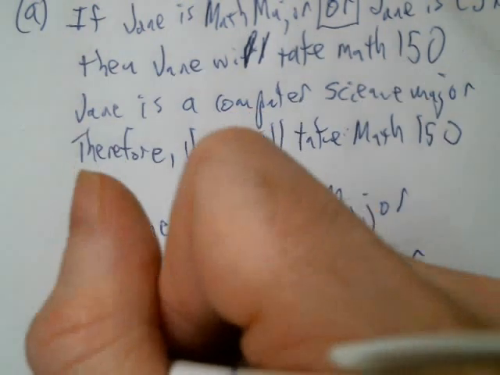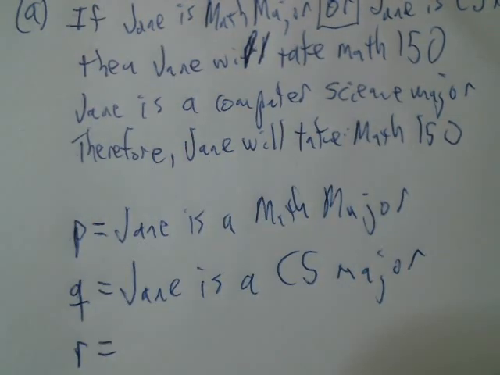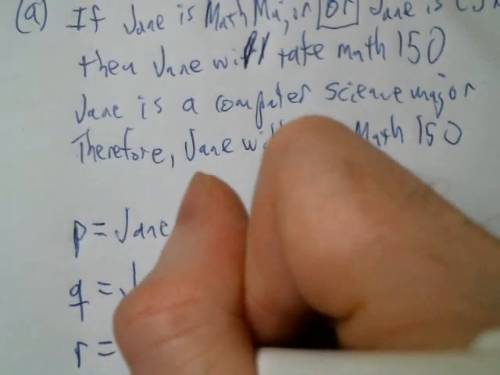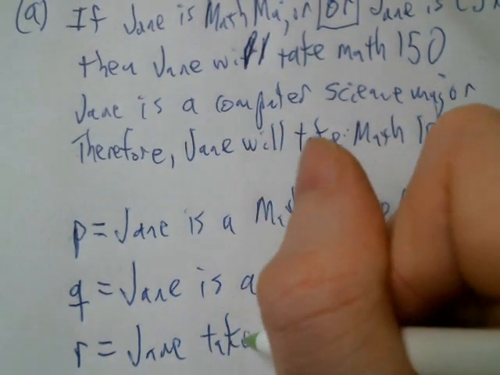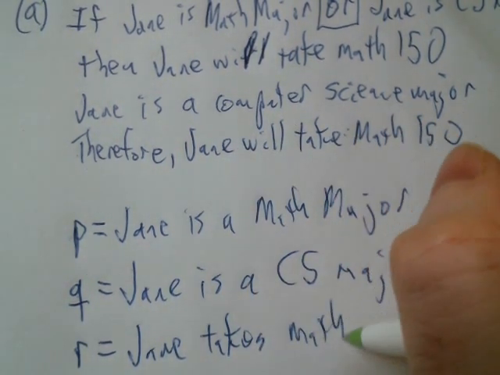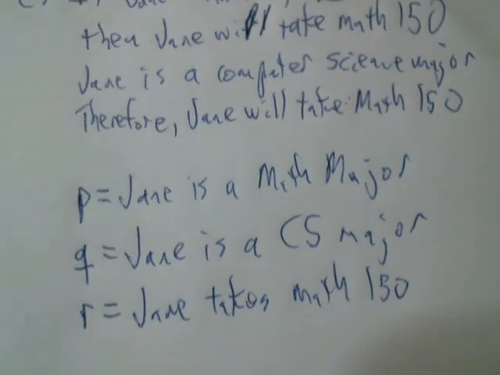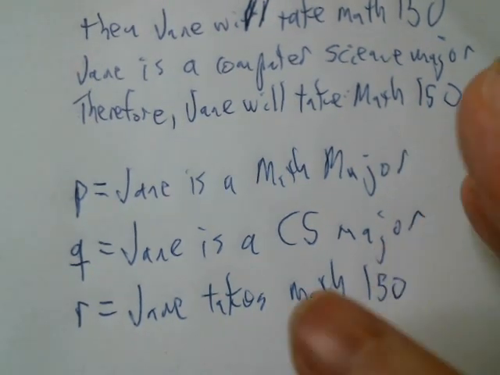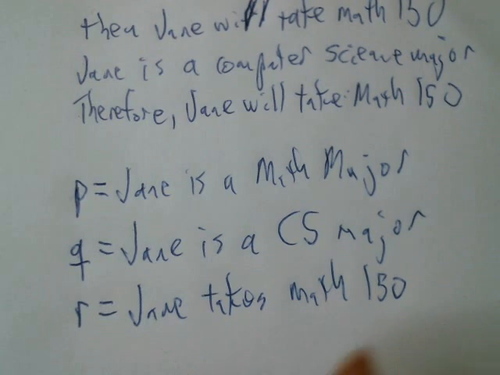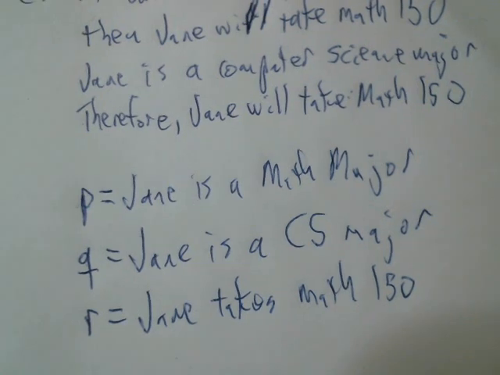And then we'll let R equal the statement Jane takes Math 150. We can eliminate all the extra words, and in English there's always more than one way to say something, and we want to simplify these arguments. We want to remove the ambiguity so we can almost program it, right?